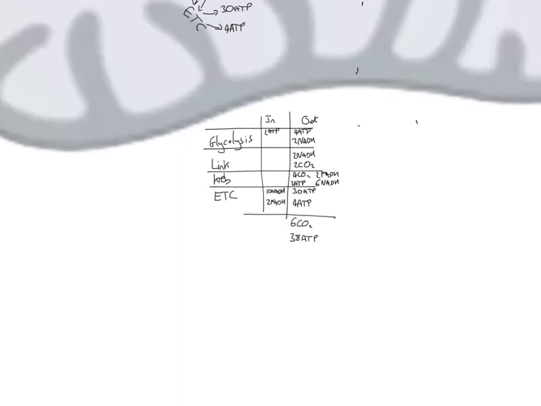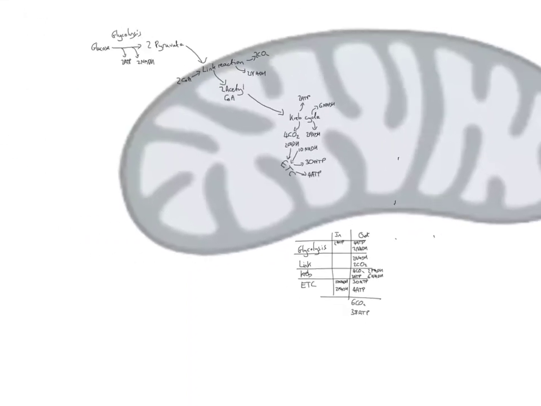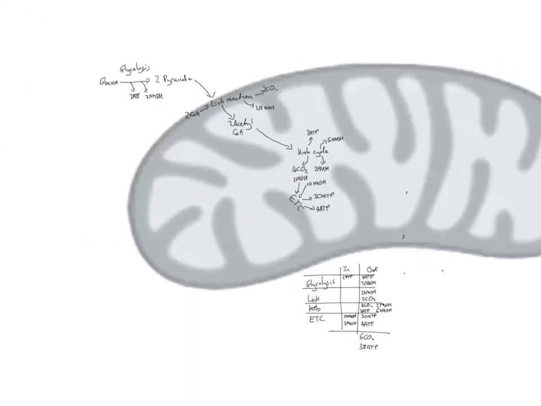If we were just to zoom out and look at it as a whole, we can see all of our processes going on. We have our main processes of glycolysis, the link reaction, the Krebs cycle, and the electron transport chain, each of them playing into each other and occurring where we've drawn it on the diagrams.